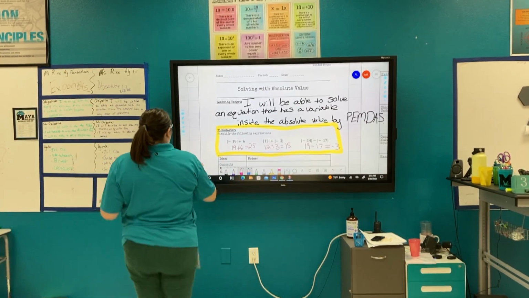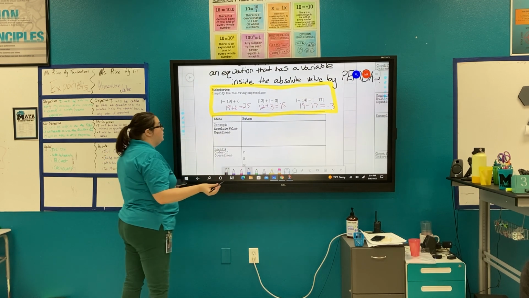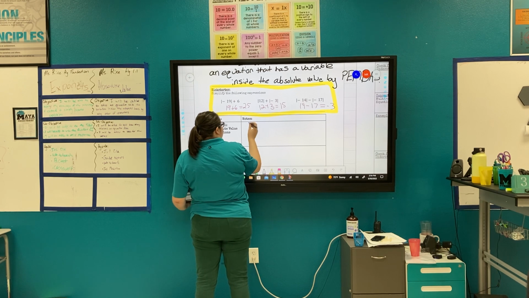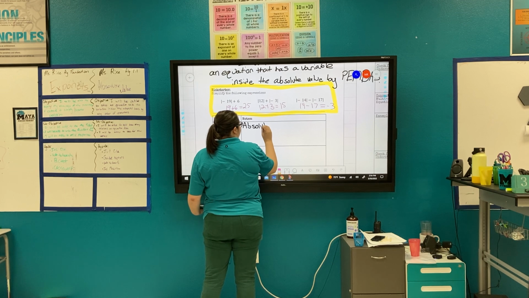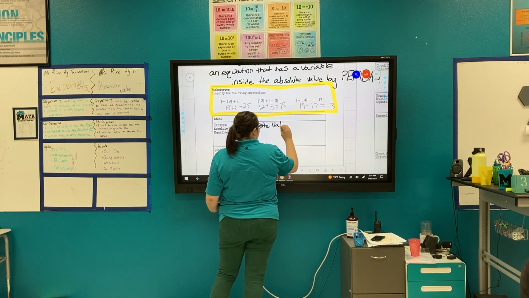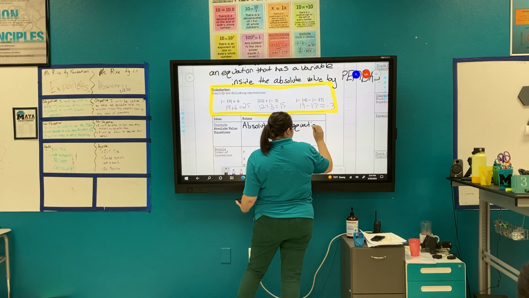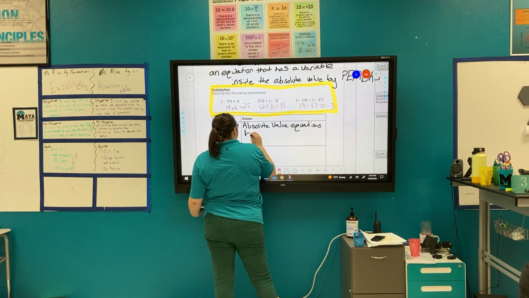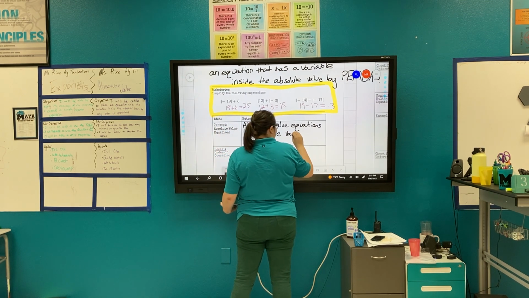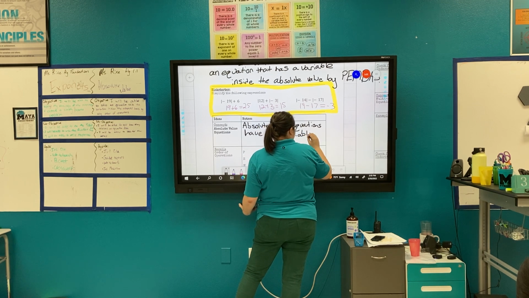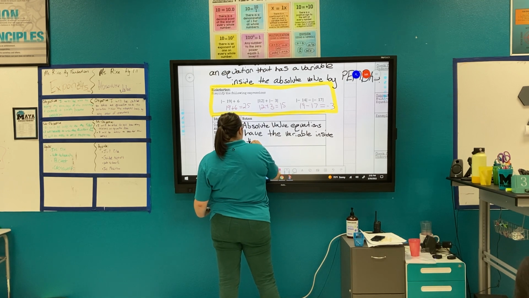So, we're moving on to our first concept for the day. I need everyone to write down what I'm going to write. Absolute value equations have the variable inside the absolute value bars.